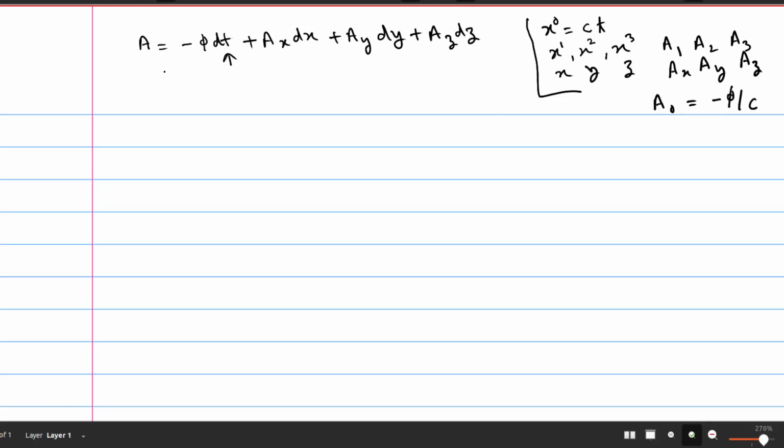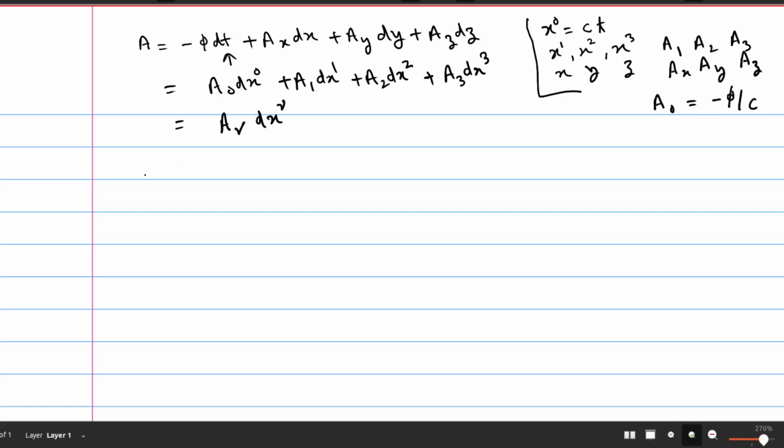So with this new notation we can write this one-form A as A0 dx0 plus A1 dx1 plus A2 dx2 plus A3 dx3. And if we use Einstein's summation convention, then we can write it as A nu dx nu, with this repeated index nu summed over.